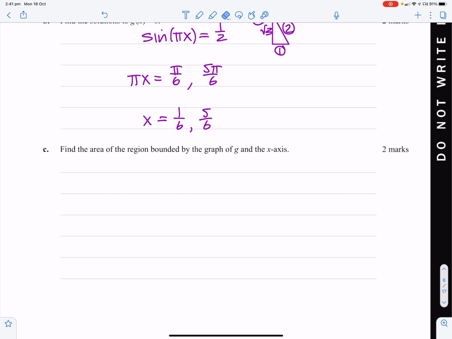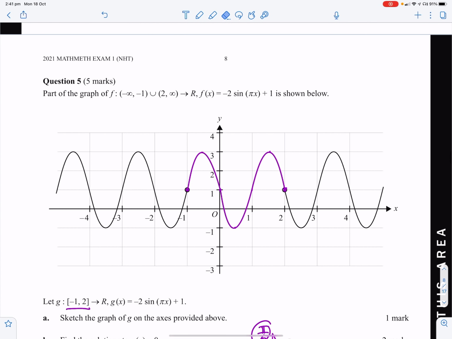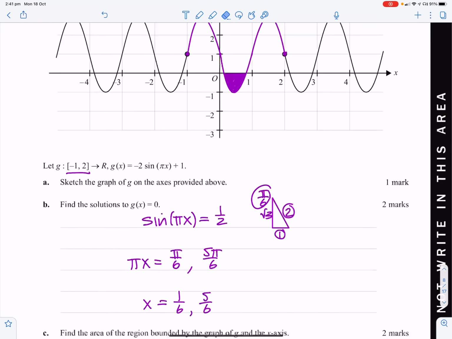Find the area of the region bounded by the graph of G and the x-axis. So the only region that's bounded is this one down here. So we want to find out what that is. Remember, that's a negative area.